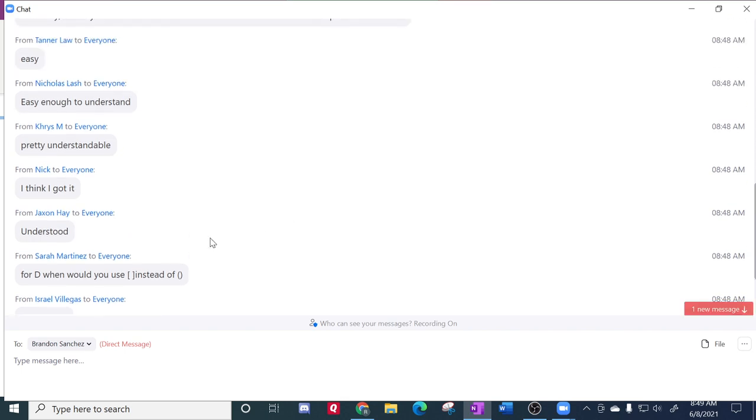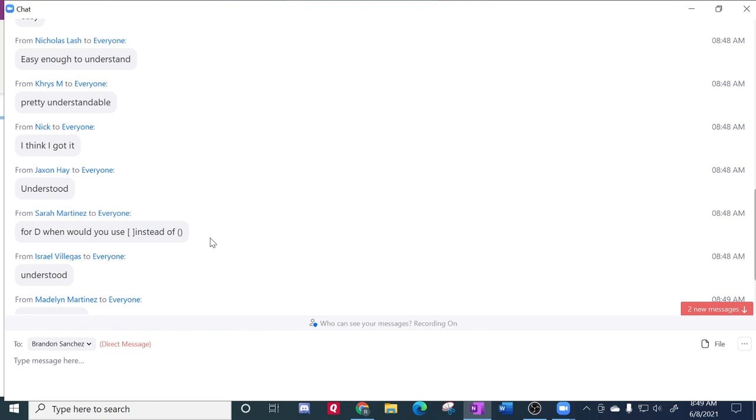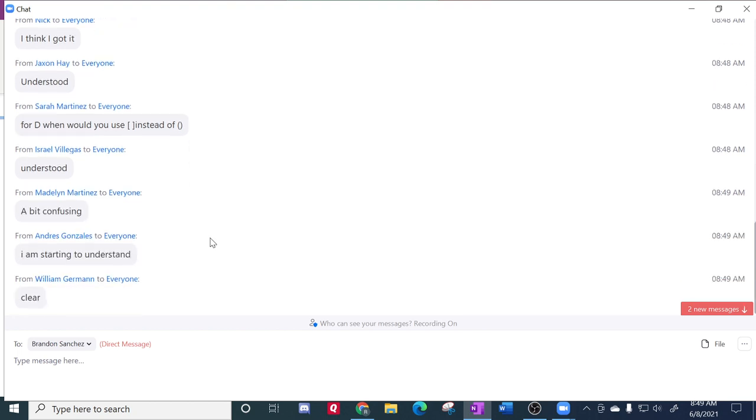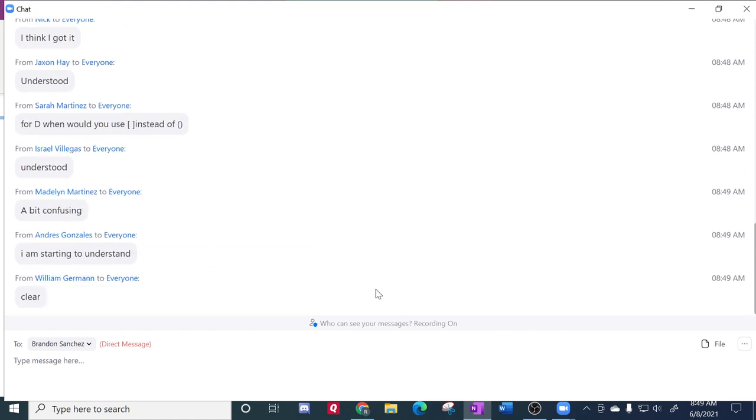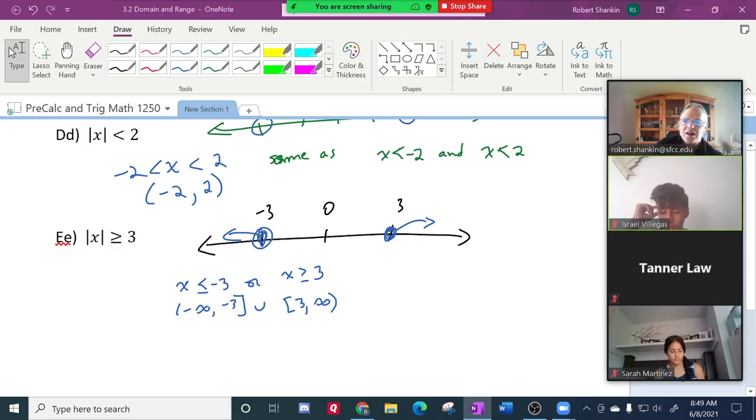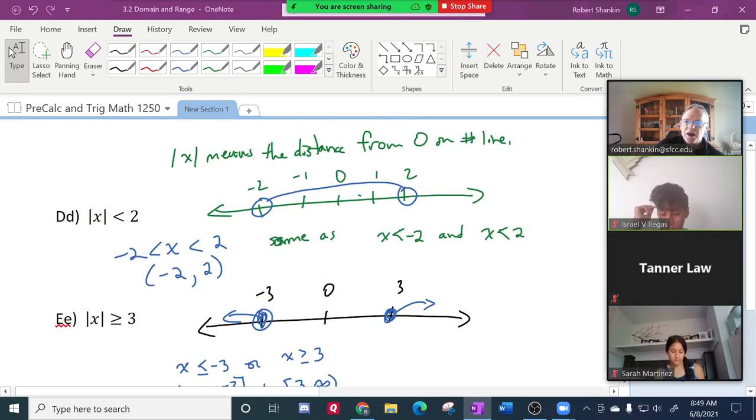Okay, question. When do you use the brackets instead of the parentheses? Okay, so, when there's no equal sign underneath, then it's an open circle. Don't include the endpoint. 2 is not part of that interval.